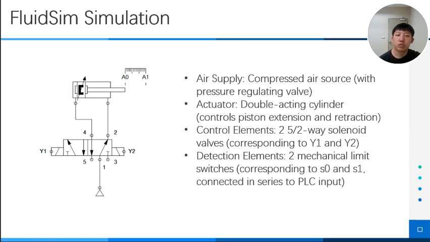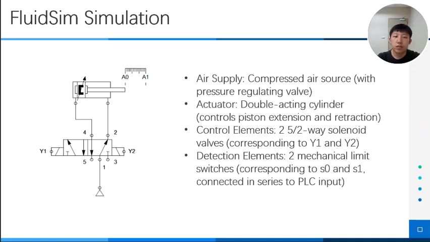Third, control elements: 5/2-way solenoid valves, corresponding to Y1 and Y2. They control airflow direction. Fourth, detection elements: mechanical limit switches, corresponding to S0 and S1.